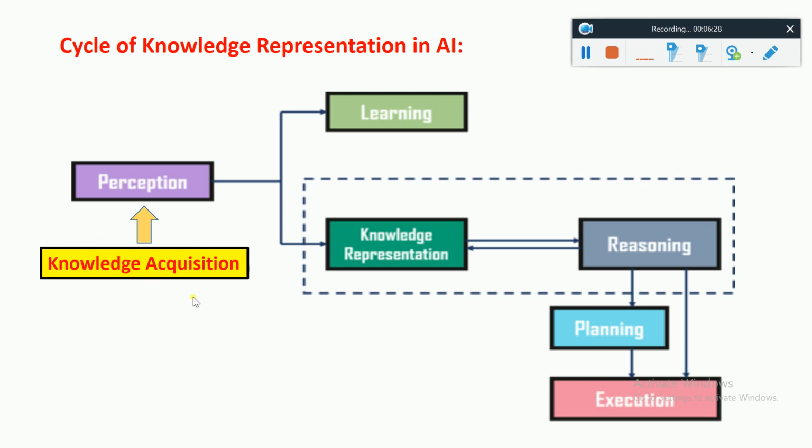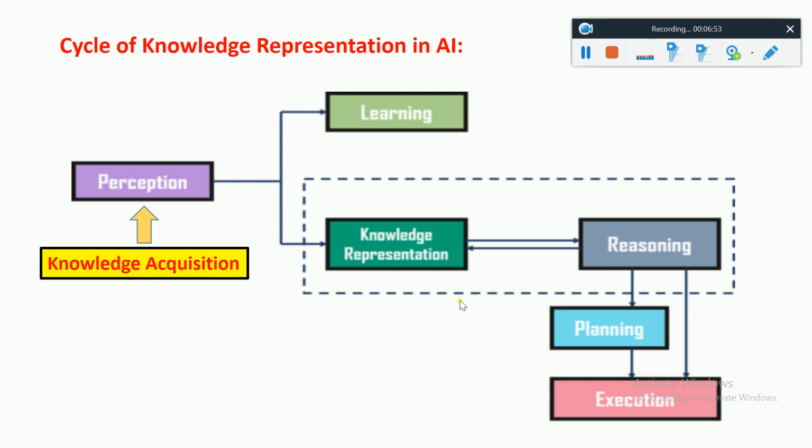Knowledge acquisition is basically the process of gathering knowledge from various sources. The aim of knowledge acquisition is to develop the methods and tools that capture and validate the knowledge of an expert.